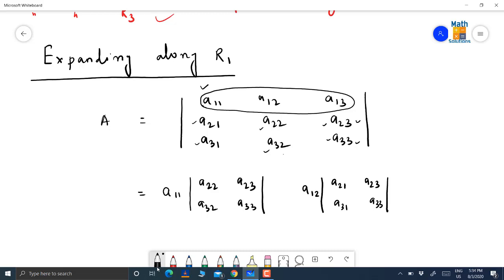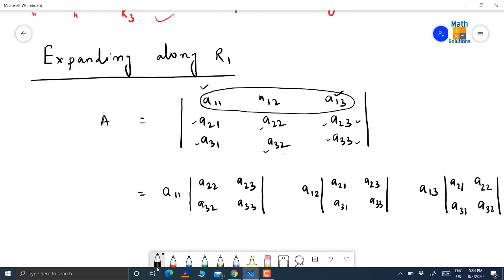Then again I have to write here A13, the third element, and it should be multiplied with those elements which are left after deleting the first row and the third column, of which A13 is a part. That is why the left out elements are A21, A22, then A31, then A32.